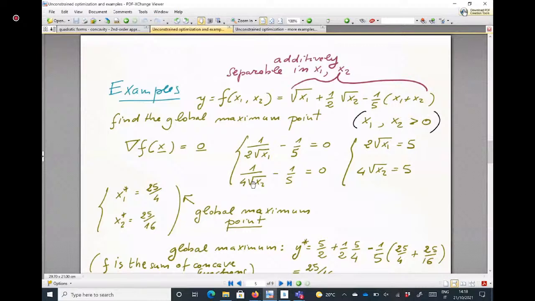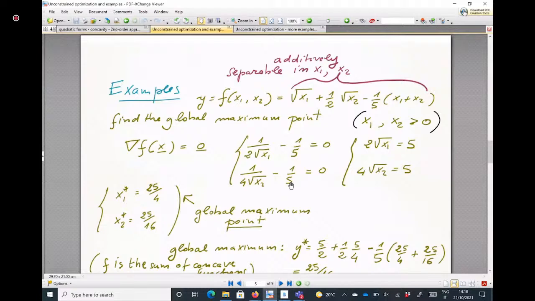The partial derivative with respect to x2 is 1/4 square root of x2 minus 1/2 again, and this must be equal to 0. So we have a system of two equations in two variables, but very trivially, each equation is in fact an equation in a unique variable. So we can solve the equations separately.